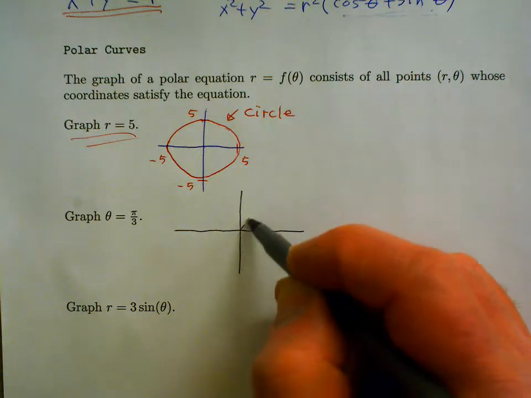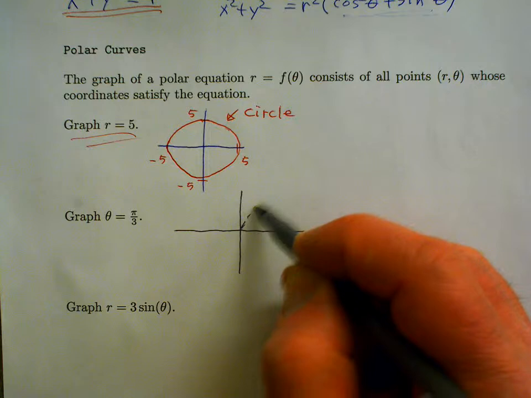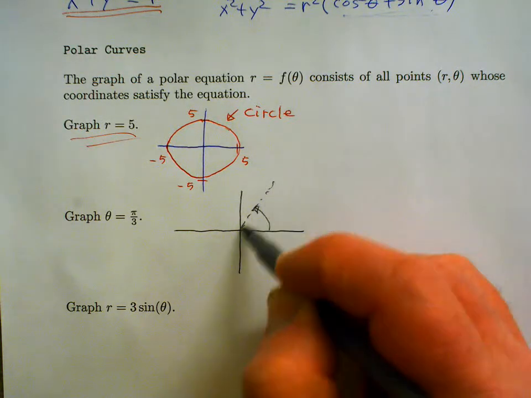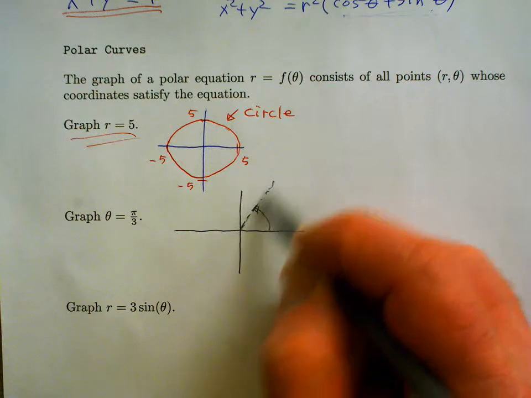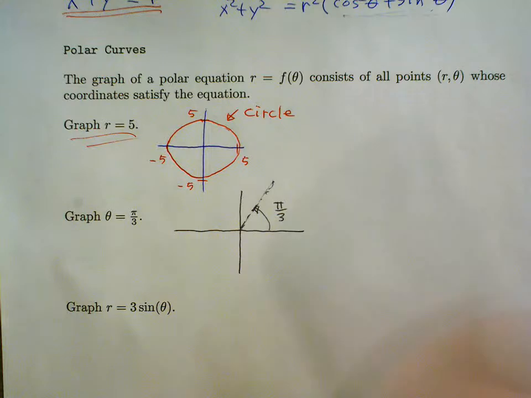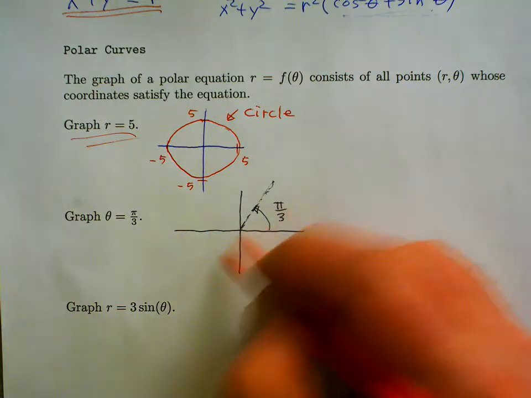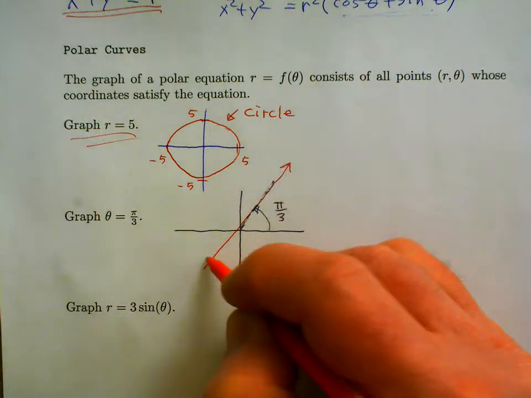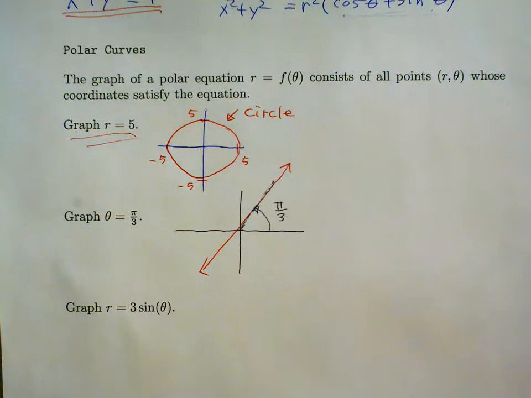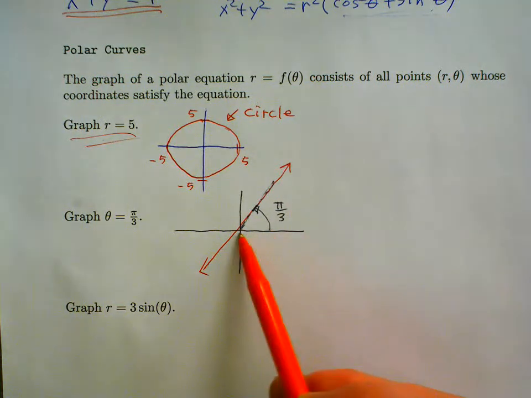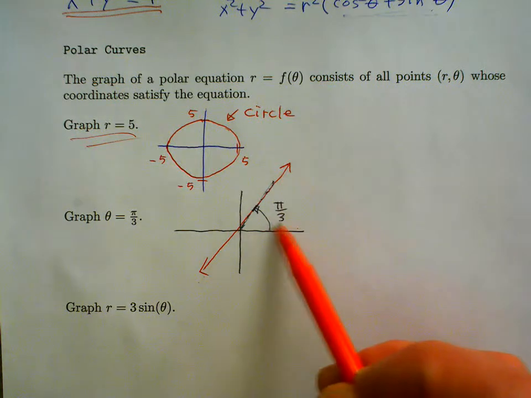So as long as the angle formed by the polar axis and this line is pi over 3, the r values can be anything positive or negative. So when we graph this, we just get a straight line. And the angle formed with the polar axis and that line is pi over 3.